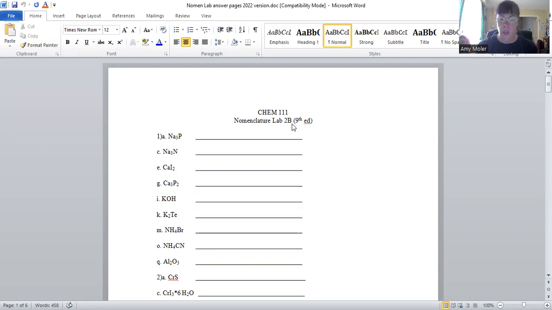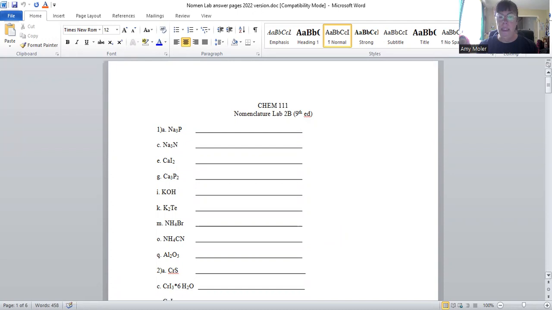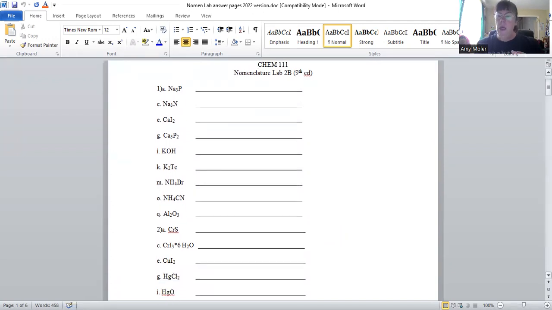So it starts with 2B. What I have done is approximately every other one in the list that matches your textbook. It does actually match your lab book.